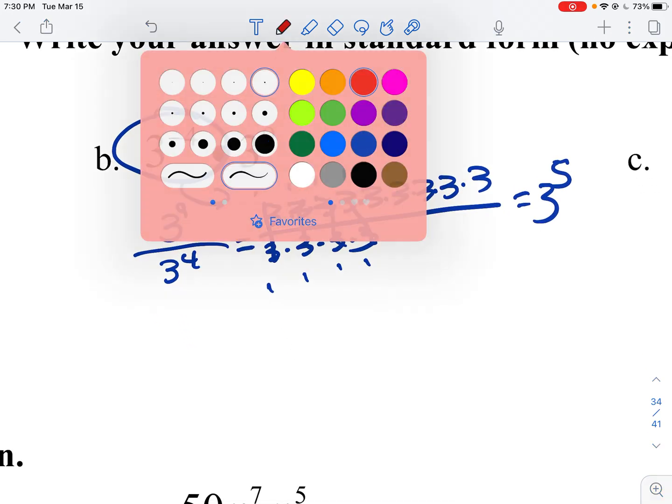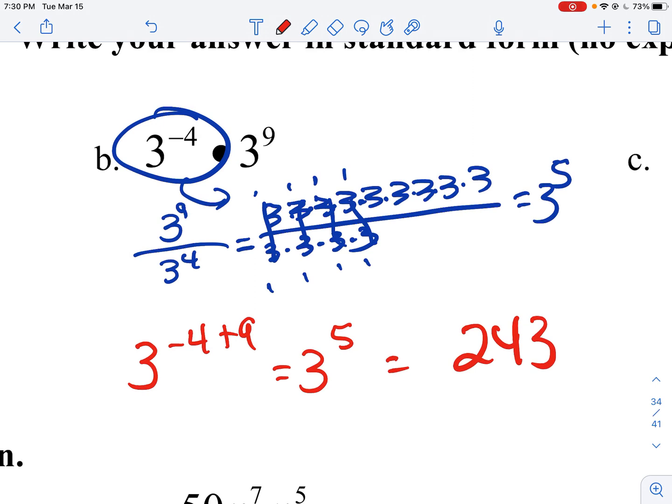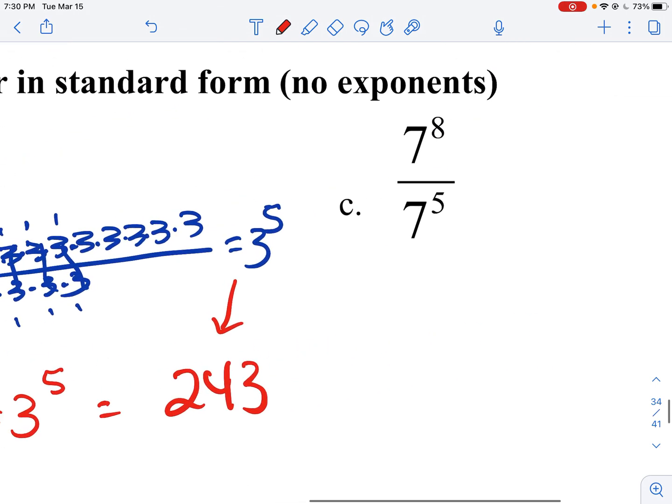Or if you used -4 plus 9, the property, I would get 3 to the 5th. Now, in order to write this in standard form, I would take 3 times 3 times 3 times 3 times 3, and this would get me 243. Doesn't matter which one you use, they both get this answer.